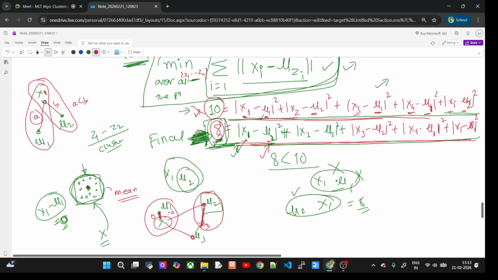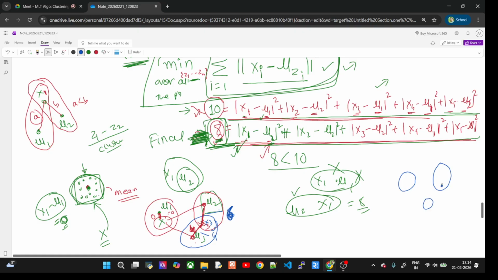When I calculated the distance between x3 and mu3, it is maybe 4, and the distance between mu2 and x3 is maybe 6, not a big difference. So x3 understands that it does not belong to mu2, it belongs to mu3. In the next iteration it will change its cluster and jump into this group. So earlier your groups were like this.